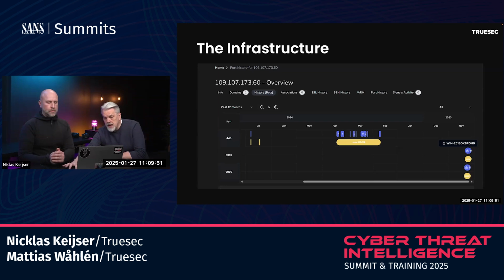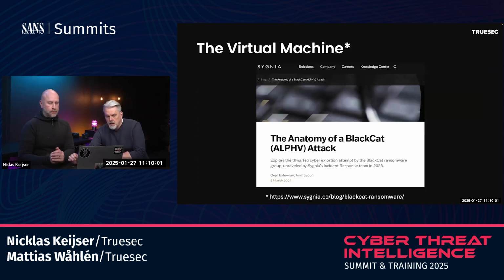So is there anything we can find out about this particular machine name associated with this IP address in November? Well, if we Google it, the first hit we get is a report by Sygnia about BlackCat.